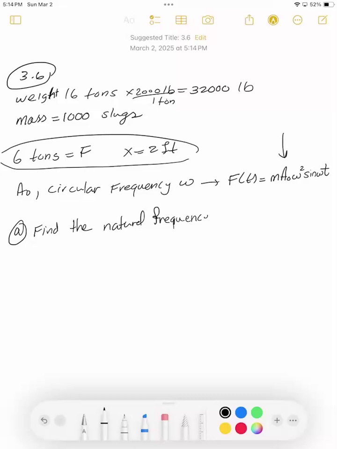For these word problems, these motion problems, we always have a natural frequency, which is called omega naught. And then we have the circular frequency, which is called omega.